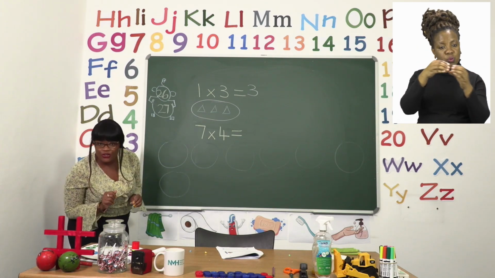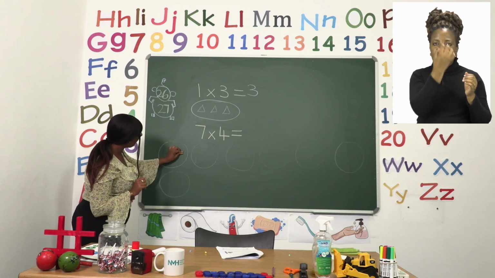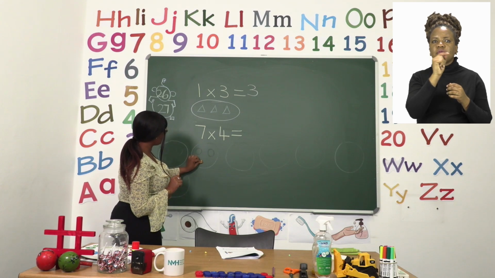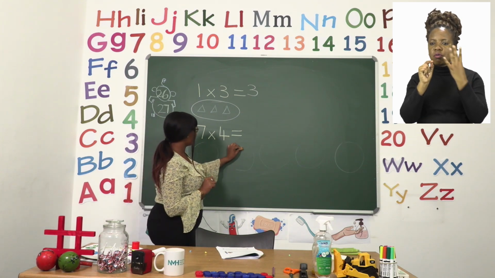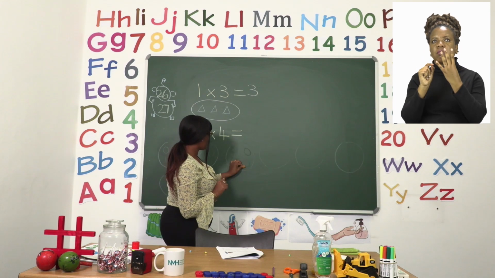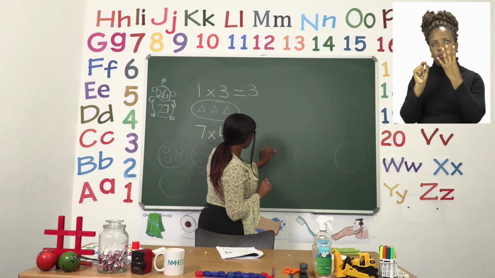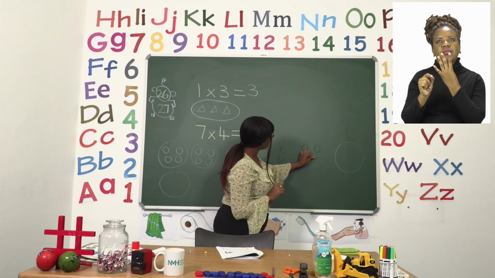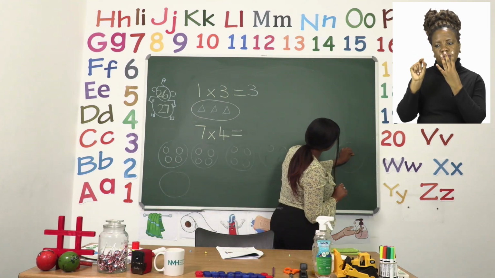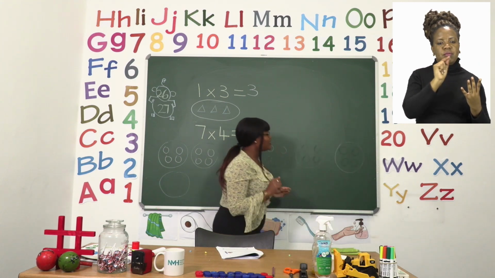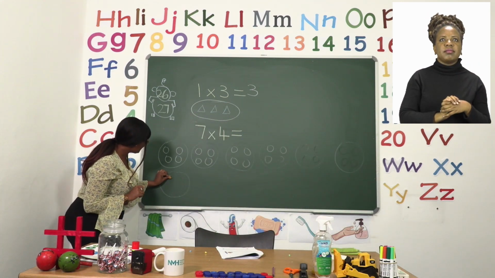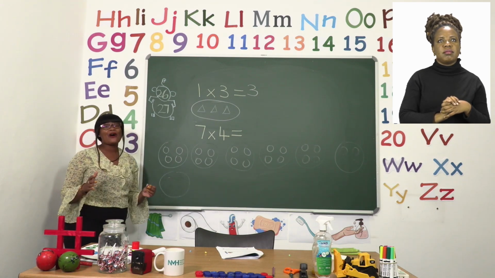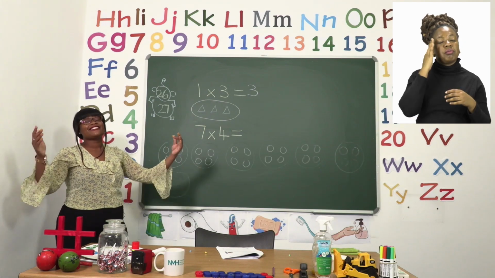This time I want to draw circles. 1, 2, 3, 4 in each set, all the way to the last one. Now we have put 4 things in each set.